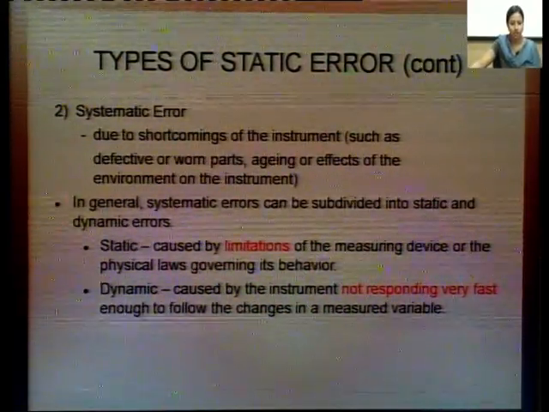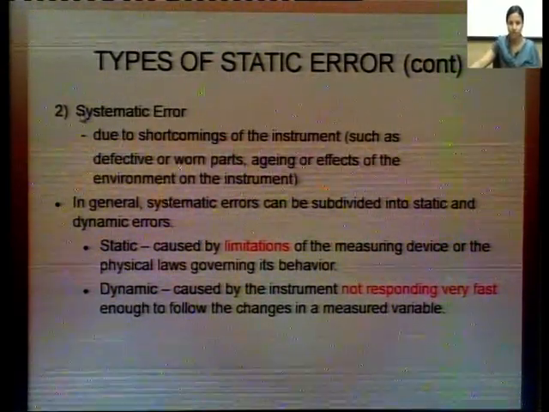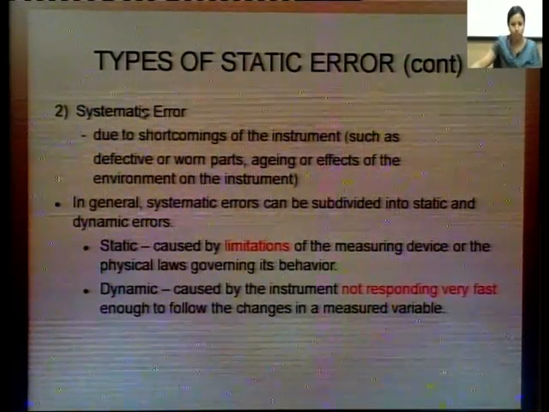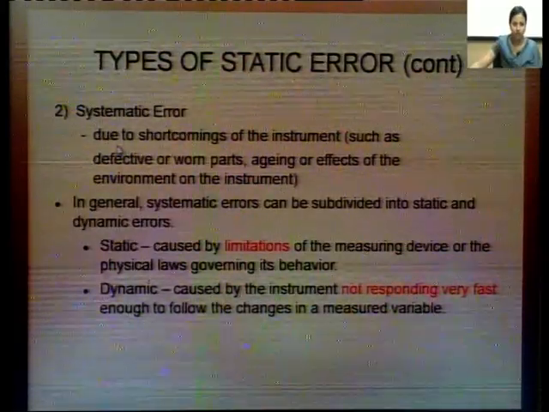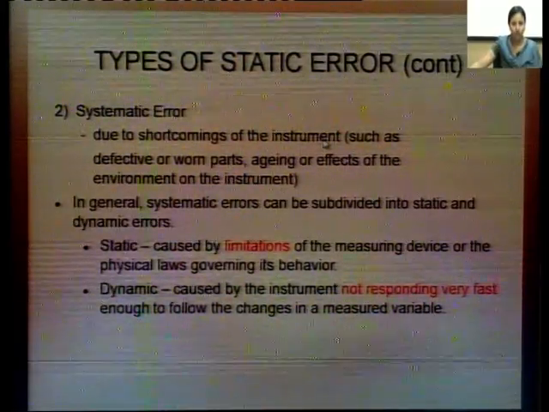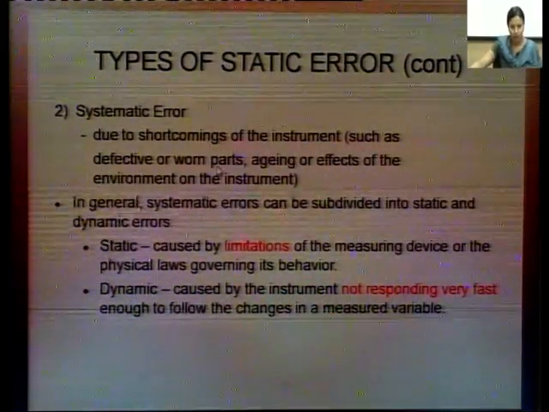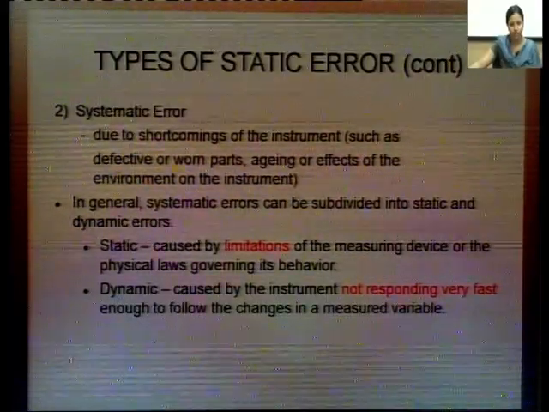Next type of error is systematic error. As is clear from its name, systematic means system, means instrument. It is purely due to the instrument. So it is due to shortcomings of the instrument such as defective or worn parts, aging or effects of environment on the instrument.